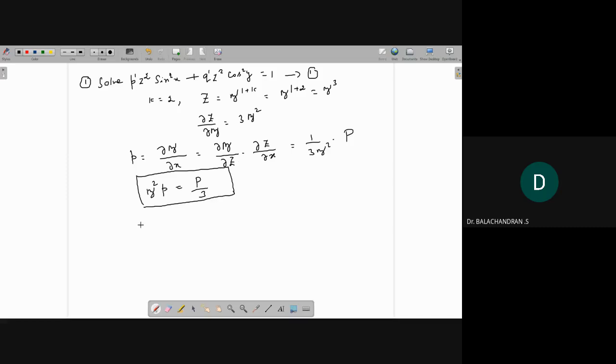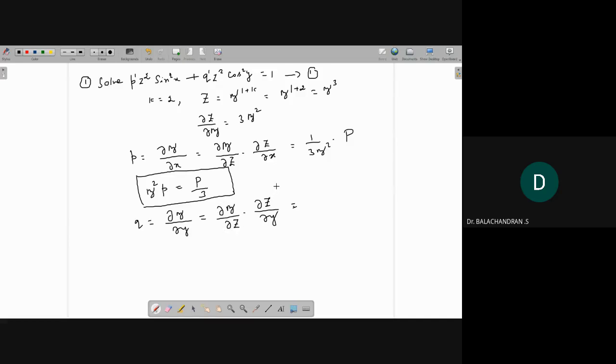Okay, similarly for Q equal to dou Z by dou Y, which is equal to dou Z by dou capital Z into dou capital Z divided by dou Y. Again, dou small z by dou capital Z is what?